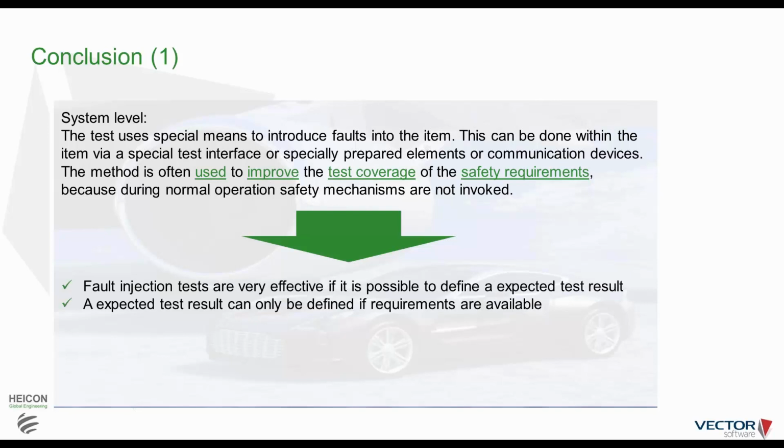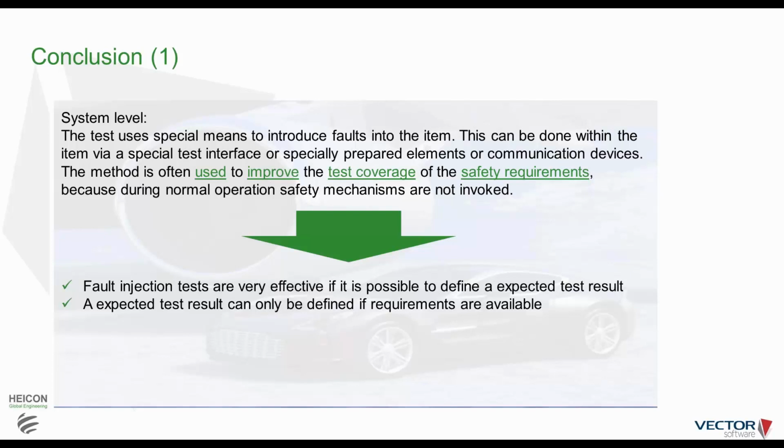What does this mean? Fault injection testing is very, very effective, if it is possible to define the expected test result. Yeah, I think that's right. Actually, you can improve your test coverage. This is in the aerospace your robustness testing, where you find new requirements. So somehow you can compare this here.